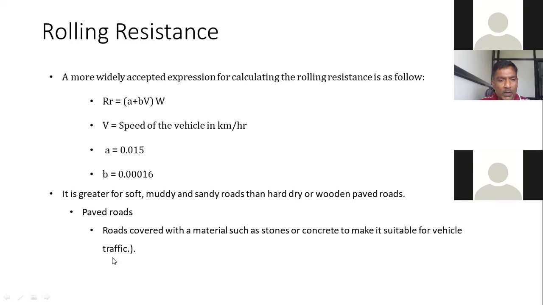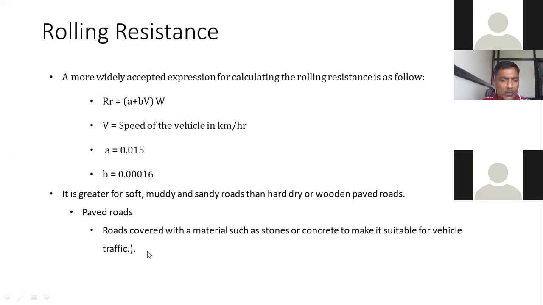This is for your information. I have added what a paved road is: roads covered with material such as stones, concrete to make it suitable for vehicle traffic. That is the meaning of paved roads. Generally, to make such a road, there is one machine called a road paver.